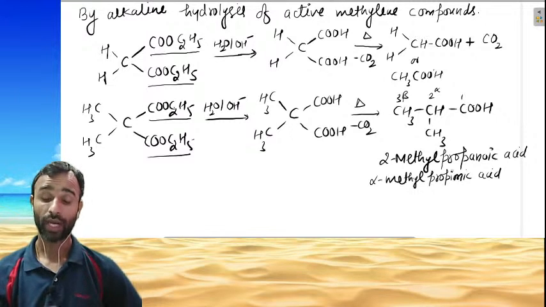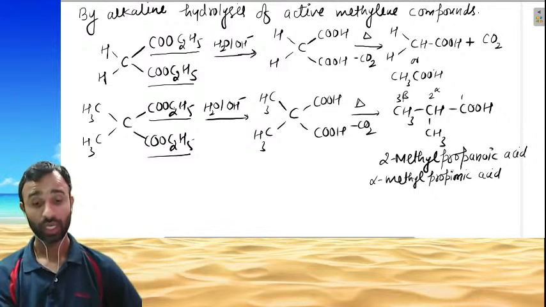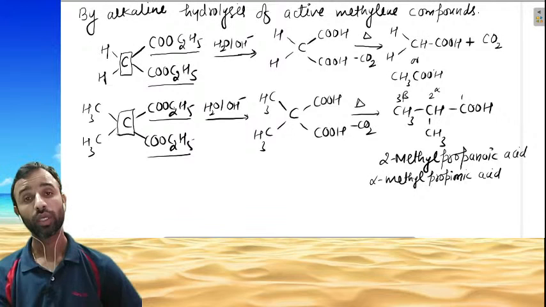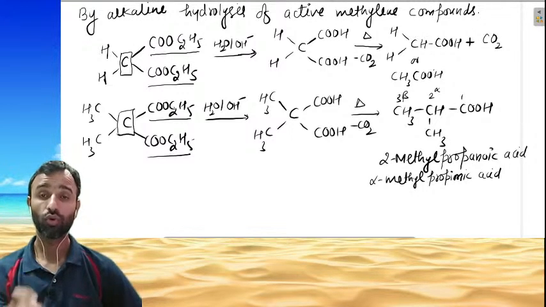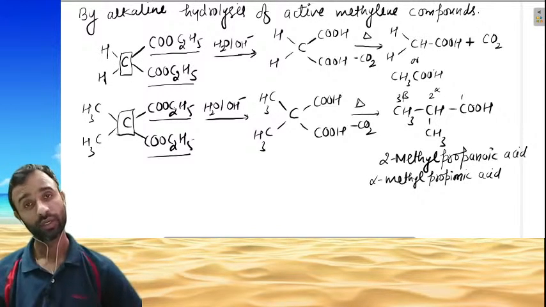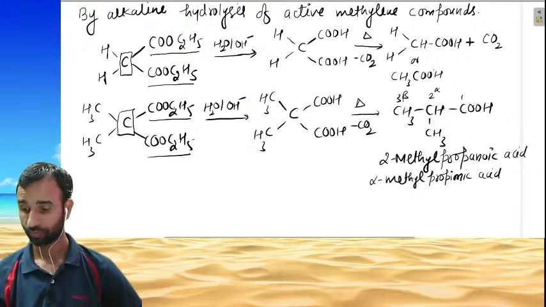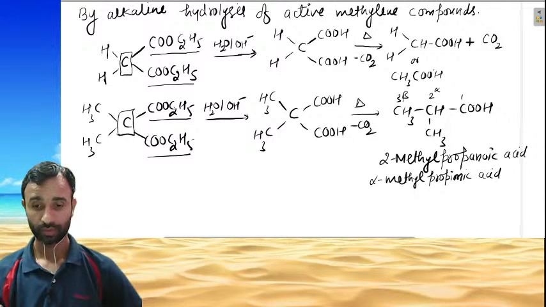Okay, so active methylene compound means carbon attached to two electron withdrawing groups. Right?